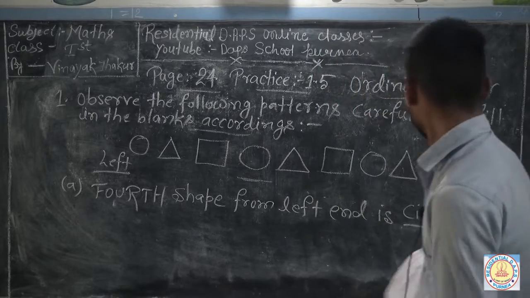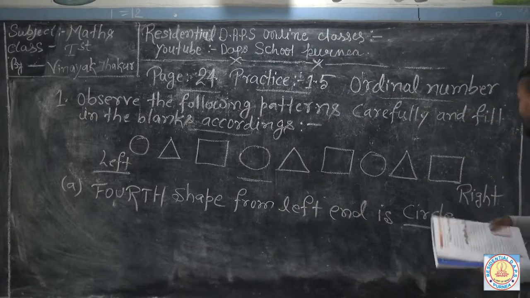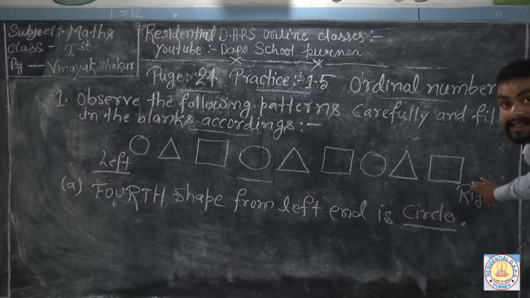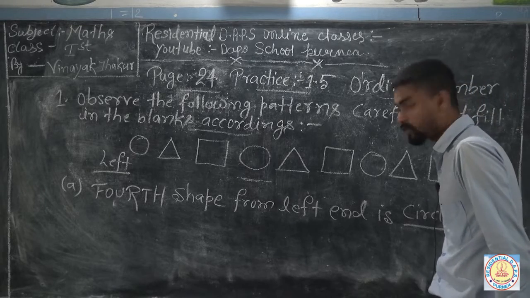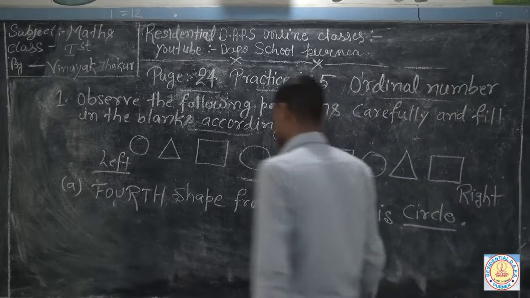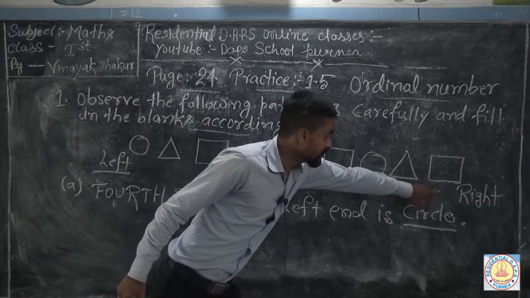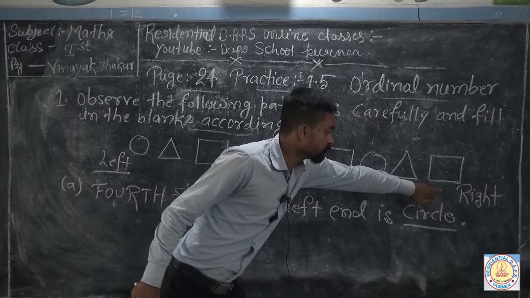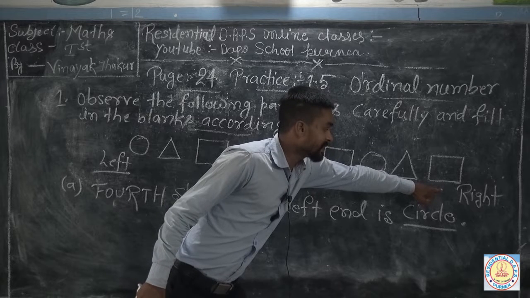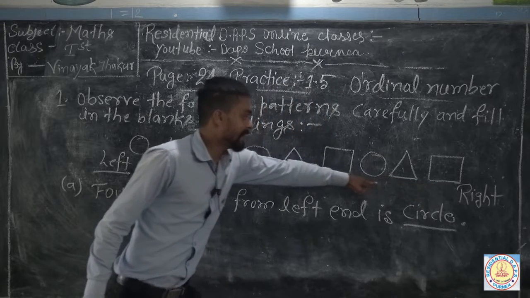So eighth shape from right end is, this is your right end, that is your right end, and you have to just find out from your right end which is the eighth shape.